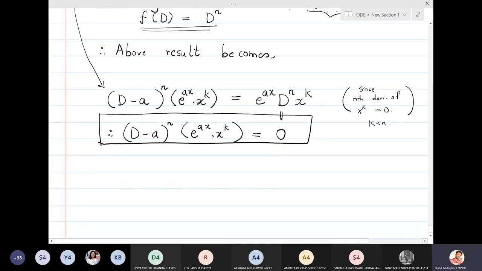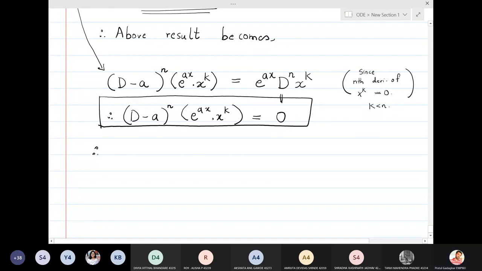So this means, what are the values of k? What are the values of k? k I know is 0, 1, 2, 3, dot dot dot up to n minus 1. So put k equal to 0 in this part. If k is equal to 0, then x power k is 0, so 1, and this is e raised to ax.